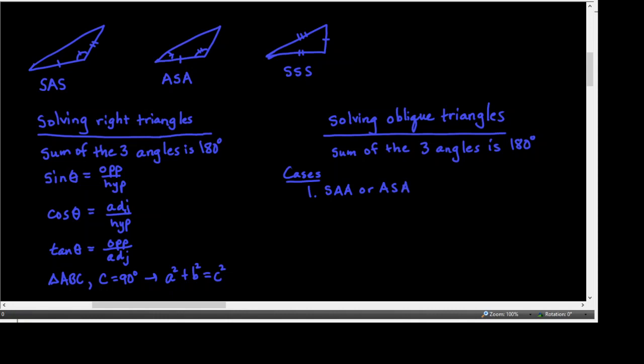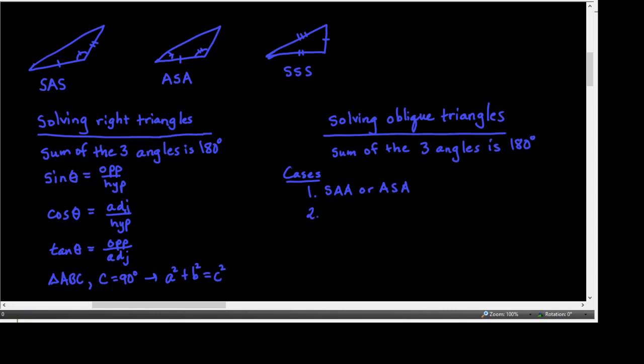And that one's actually, to get started, you'll know two of the angles already. And finding the third angle is easy. You can use what I've already written up above. But to find the other sides, you're going to have to know something else. So that's one of the types of problems we'll encounter.